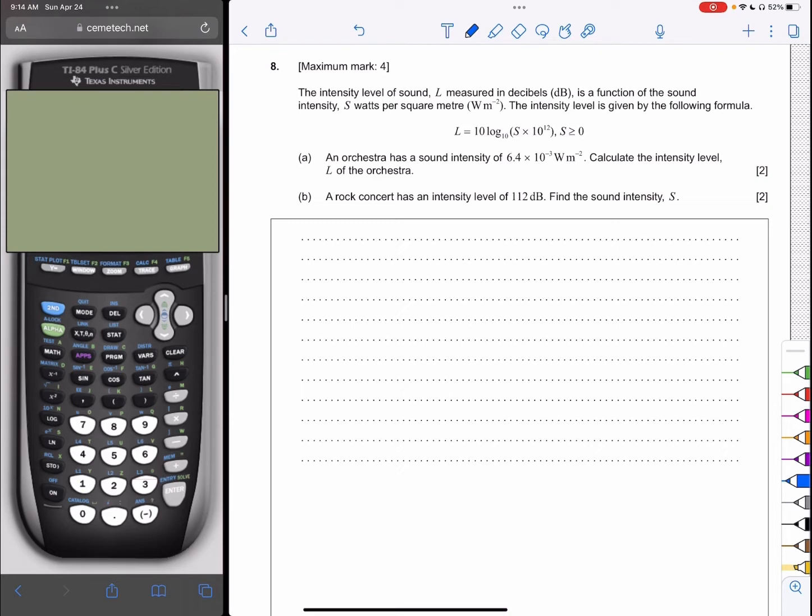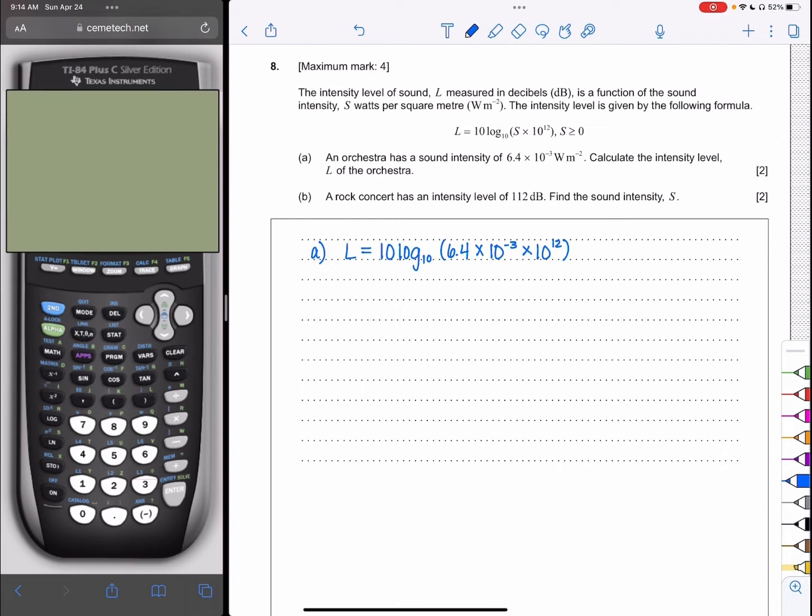So L is equal to 10 times the log, and I know base 10 is just a regular log, but if you want to, you can put the 10. And then we're going to have our S, so that's going to be 6.4 times 10 to the power -3. And then we can't forget the times 10 to the power of 12.